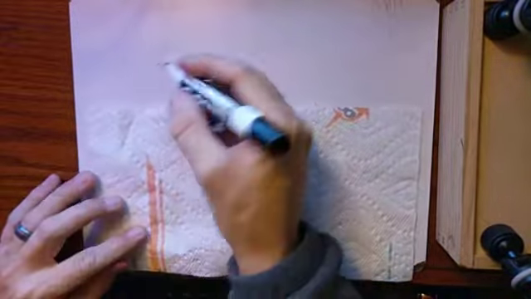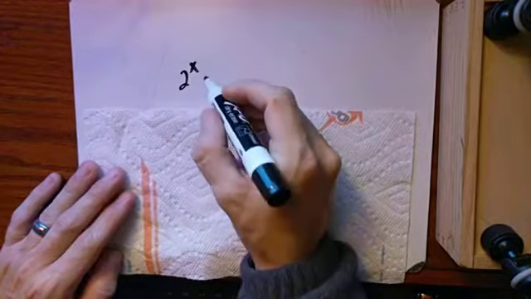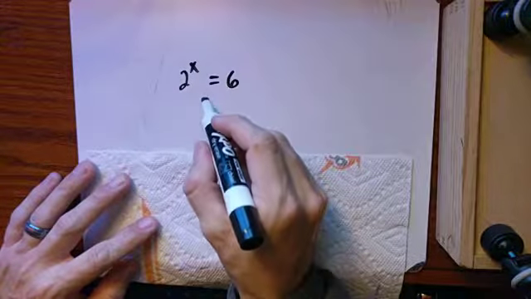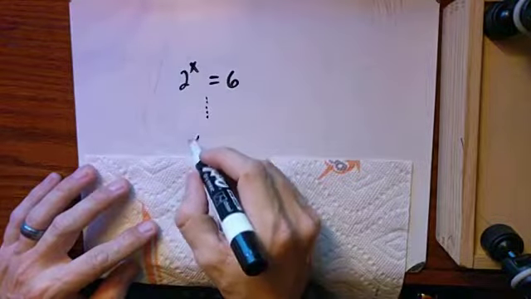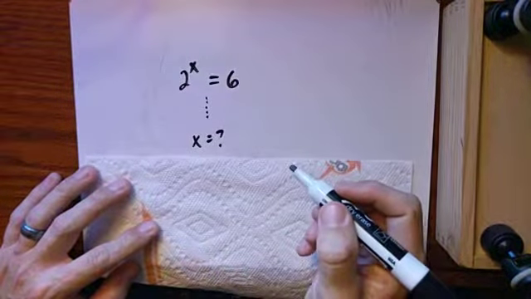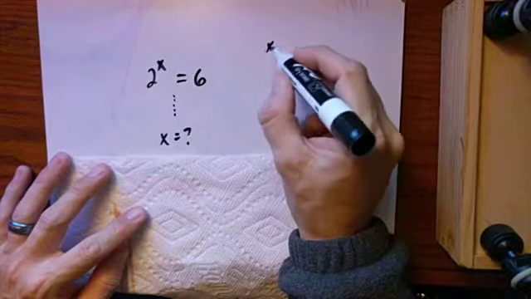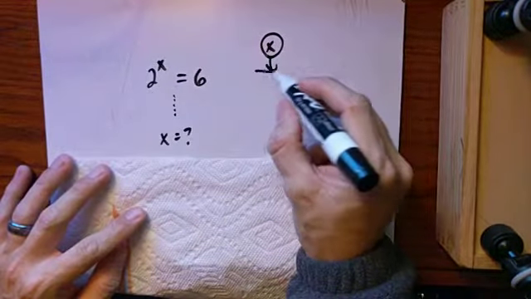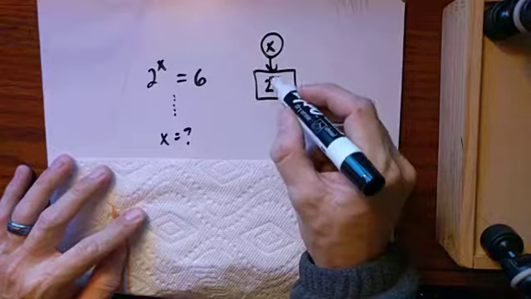But if we had something like 2 to the x power equals 6, we need to find a way of inverting what was done here to figure out what x is, right? So we start with x, and we take the base of 2 and raise it to the x power.